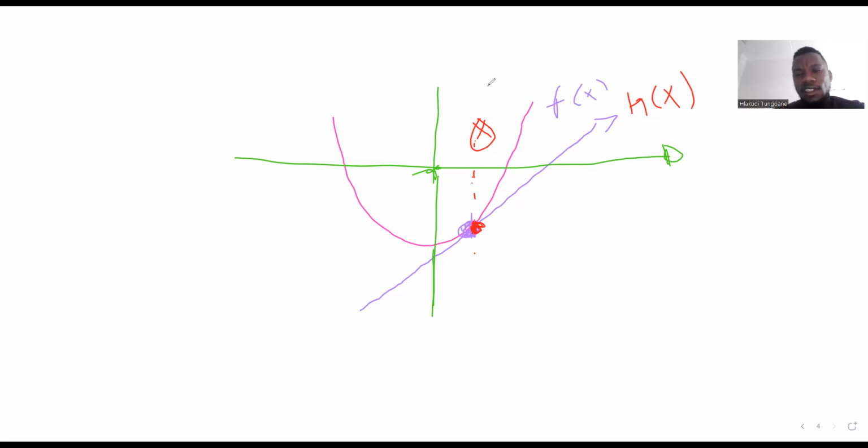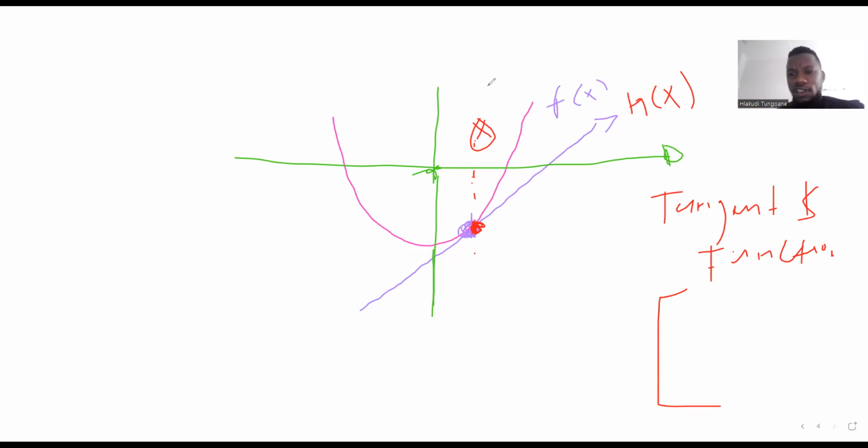So essentially, a tangent and a function, at the point where they meet, they share a gradient, and they share a point, right?